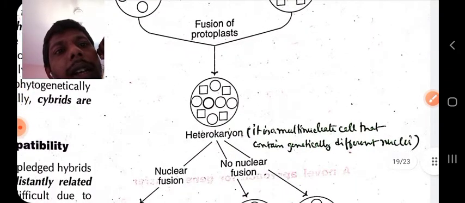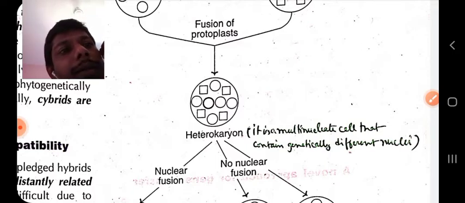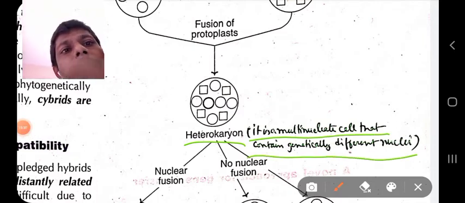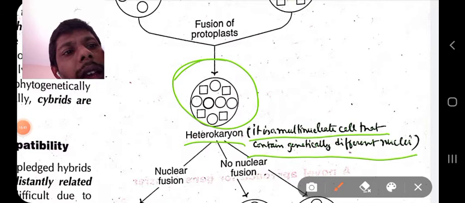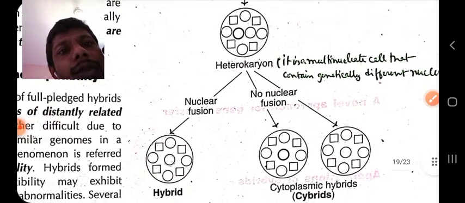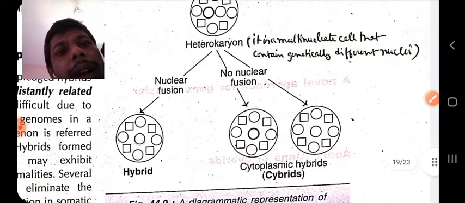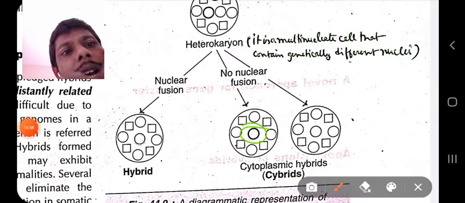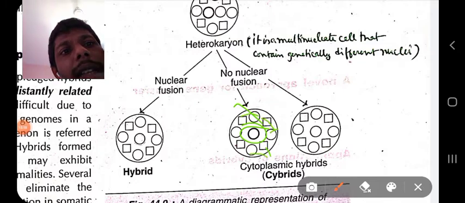We get a heterokaryon, where the squares and the circles are actually the nuclei. A heterokaryon is a multinucleate cell that contains genetically different nuclei, and then some of the cells have fused properly to become a hybrid cell, while in some of the cells only one nucleus is retained within the cytoplasm while the others got almost eliminated.